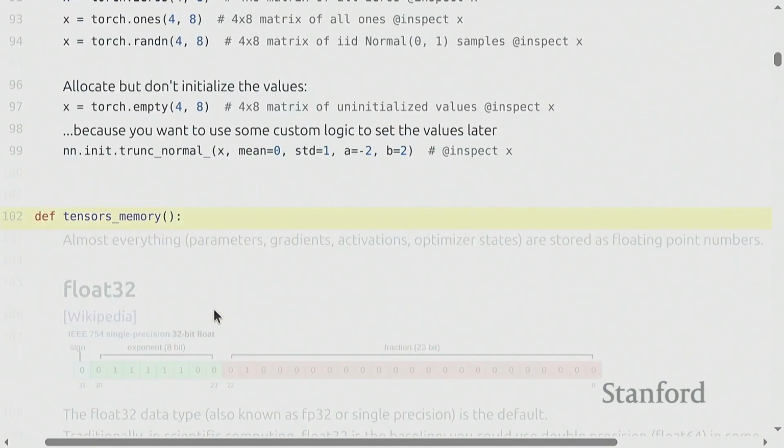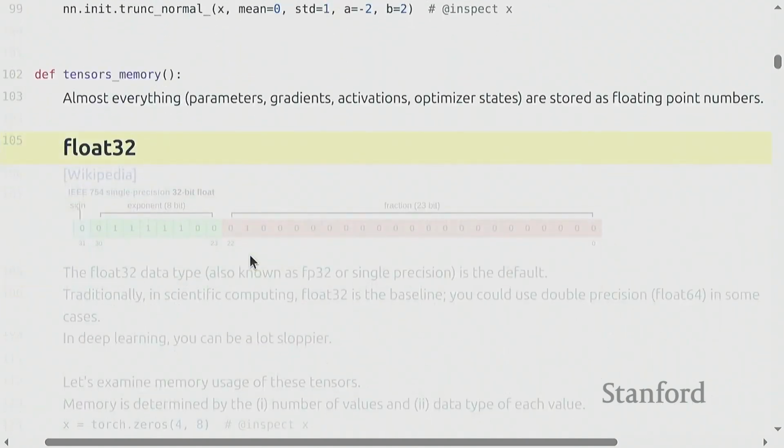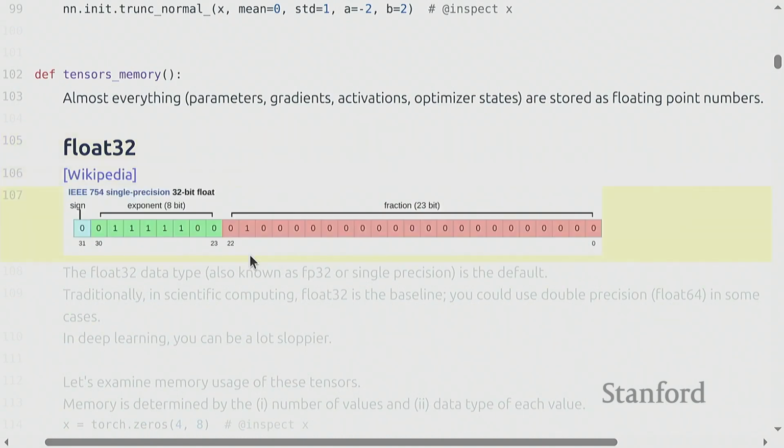So let's talk about memory and how much memory tensors take up. So every tensor that we'll probably be interested in is stored as a floating point number. And so there's many ways to represent floating point. So the most default way is float 32. And float 32 has 32 bits.